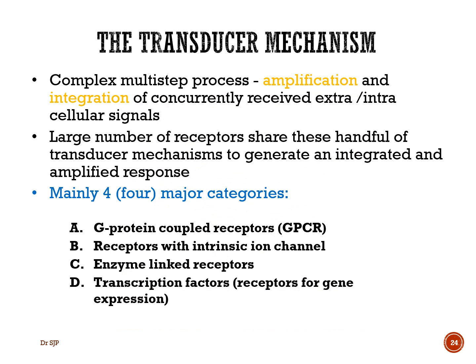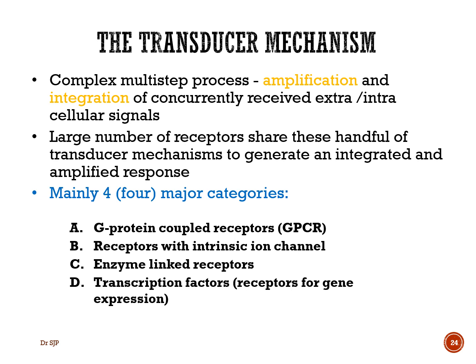So this transducer mechanism is basically a very complex multi-step process which involves the amplification and integration of the signals which are received in the form of extracellular or intracellular signals, right? So there are a large number of receptors which share a handful of transducer mechanisms which generate an integrated and amplified response. And there are four major categories of these.